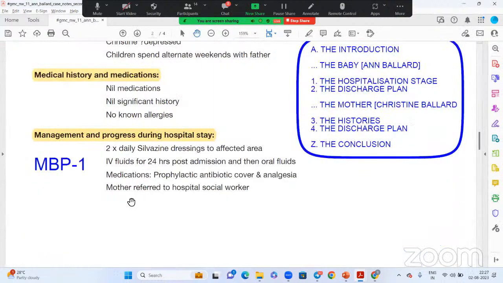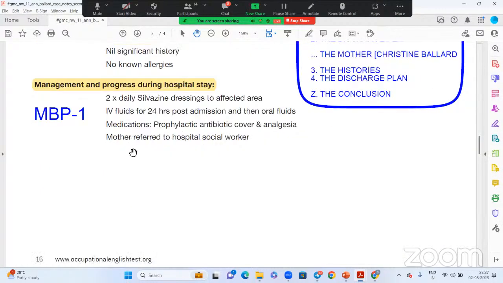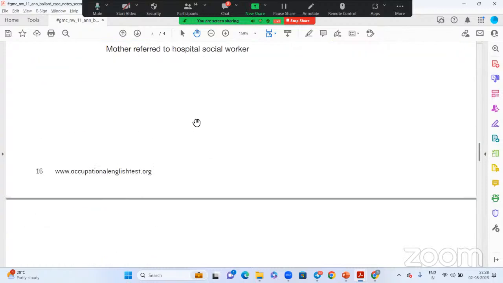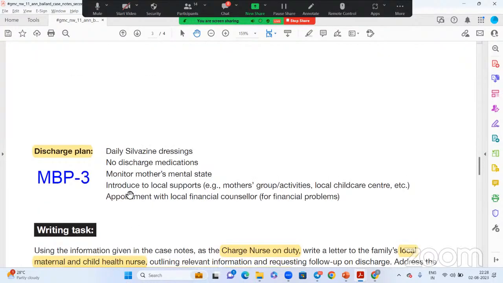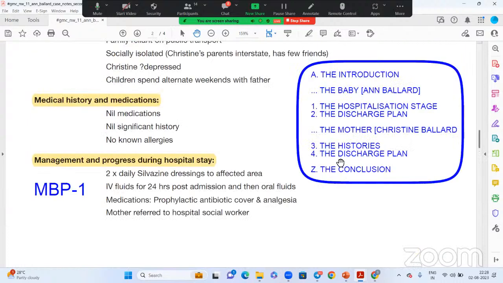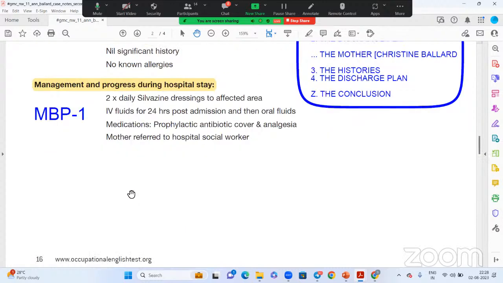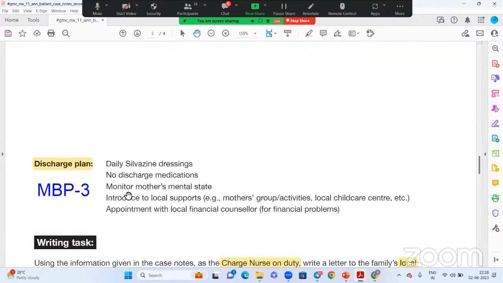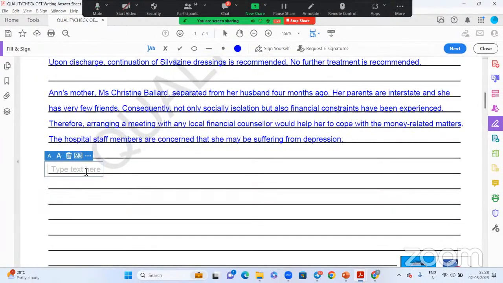Now, mother referred to hospital social worker. Now here, introduce mother's, monitor mother's mental state. Now these 3 points you are going to write. Discharge plan for the mother. I already told you, here discharge plan for the child. Here, discharge plan for the mother. So 2 are there for the discharge plan for the child, and 3 are there for the mother. Monitor mother's mental health state.